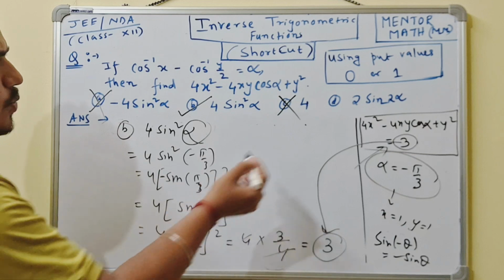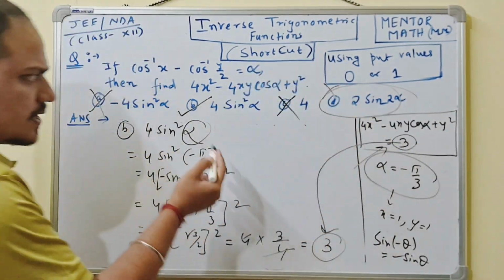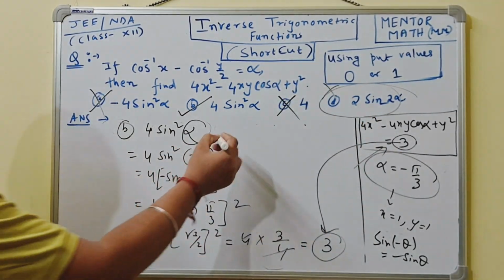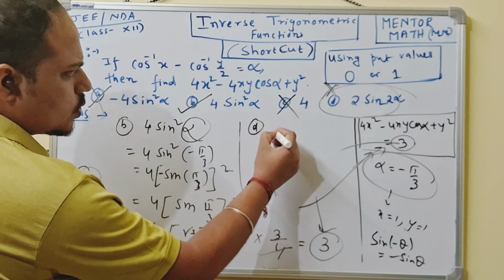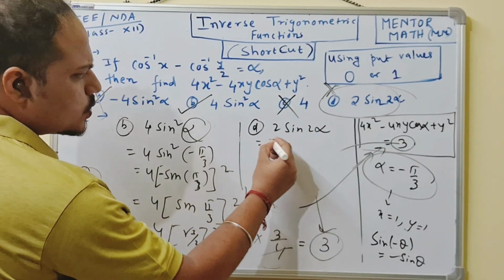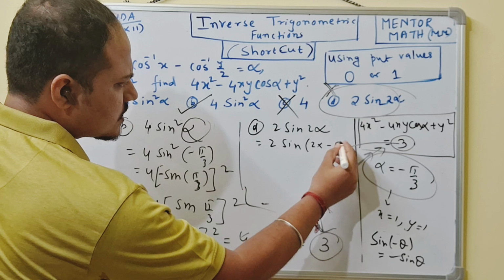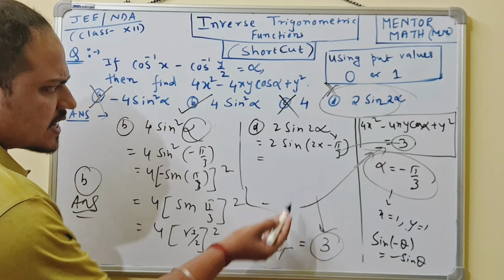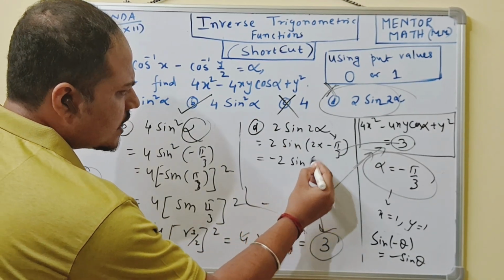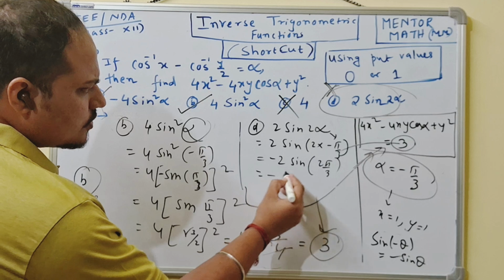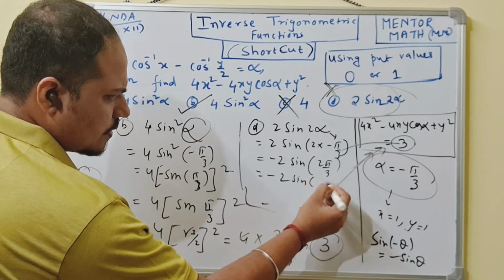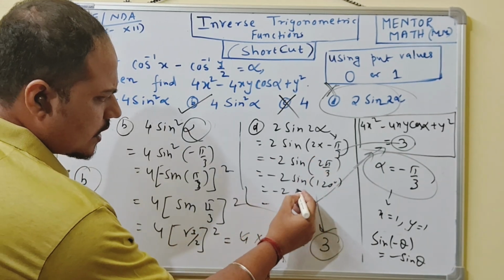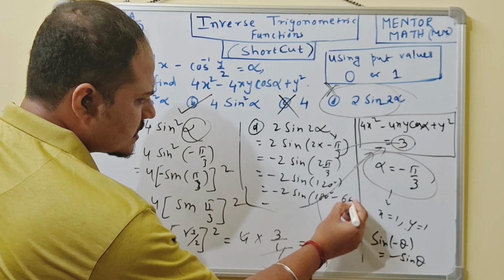Similarly you can check the third option also, that is also cancelled, because you already got the solution option B, and easily you can cancel. Or if you check, no problem, here option D is 2 sin 2α. So you can substitute α by −π/3. You know that sin(−θ) is −sin θ. So −2 sin 2π/3. And 2π/3 means sin 120 degrees, and you can represent 120 as sin(180 − 60) degrees.